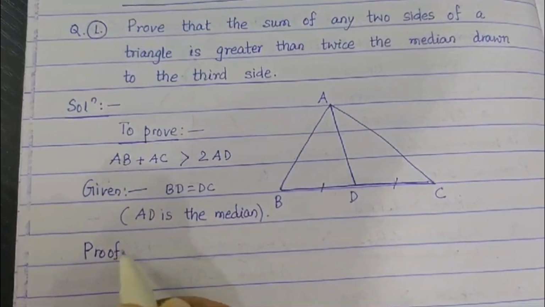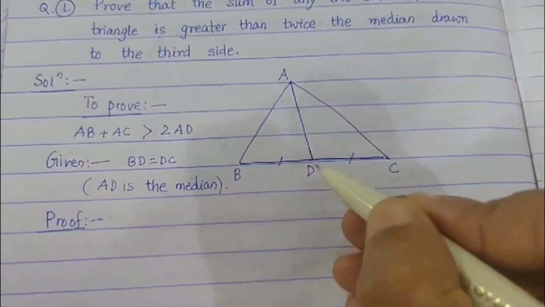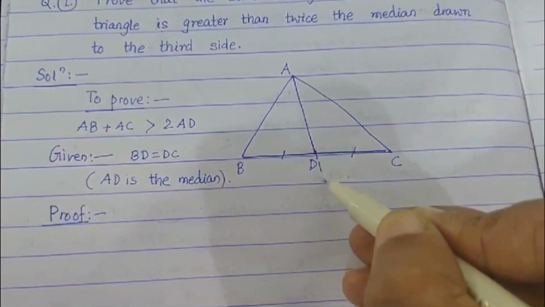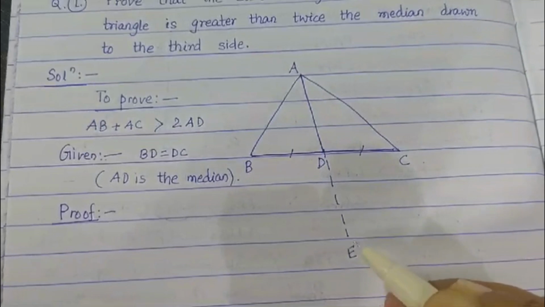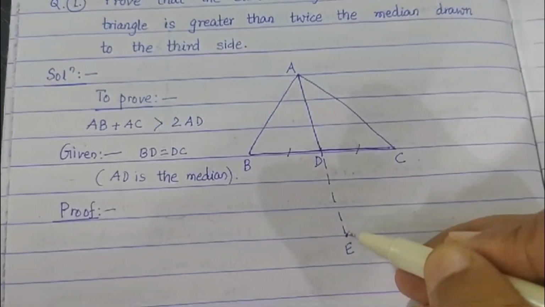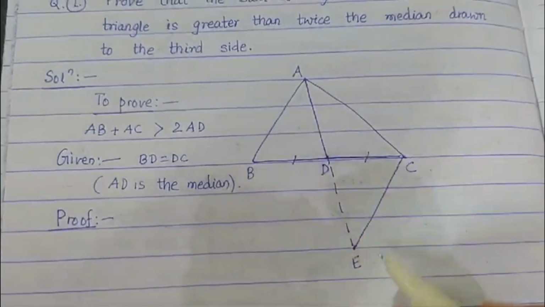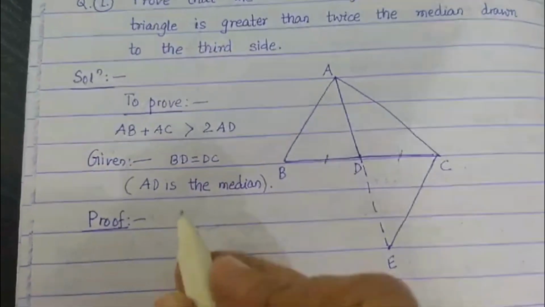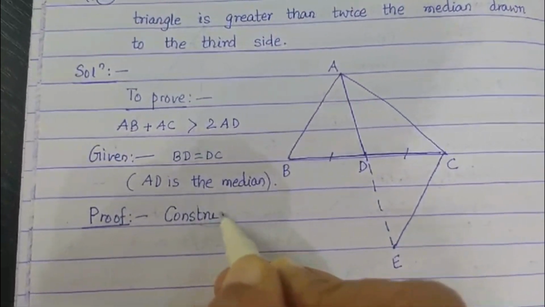Proof. First of all, we will construct something. We will produce this AD to a point E, and then we will join EC.